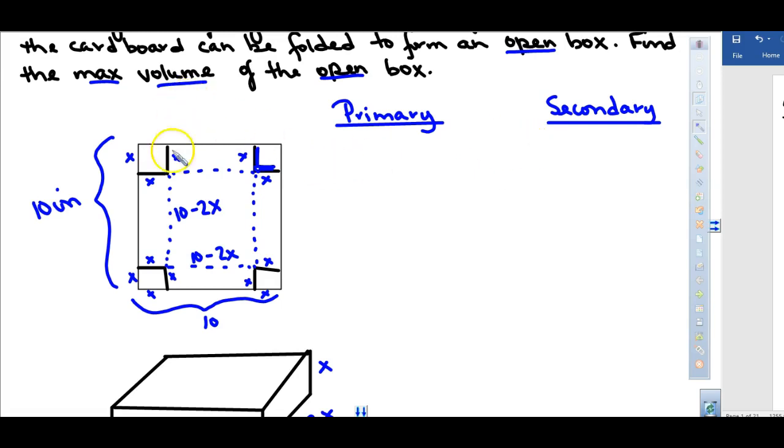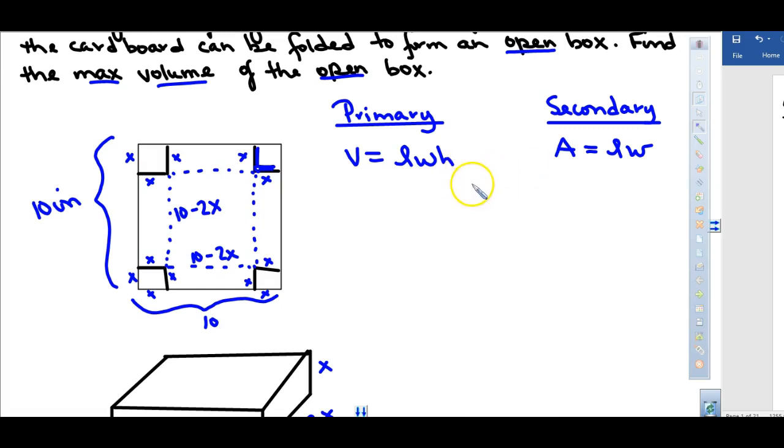We have a two-dimensional piece of cardboard, and for the area of a two-dimensional rectangle, we would use area equals length times width. But our primary equation is the one we're going to differentiate, and we want to differentiate volume. So we want a formula for volume: volume equals length times width times height.